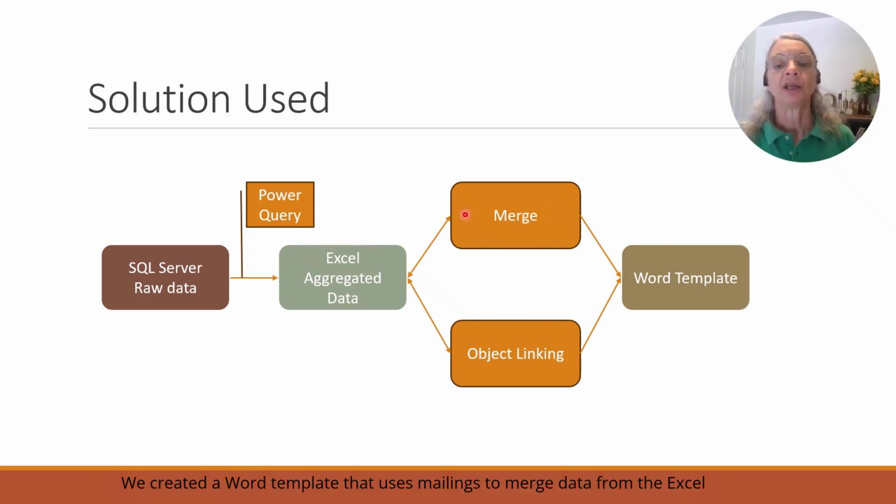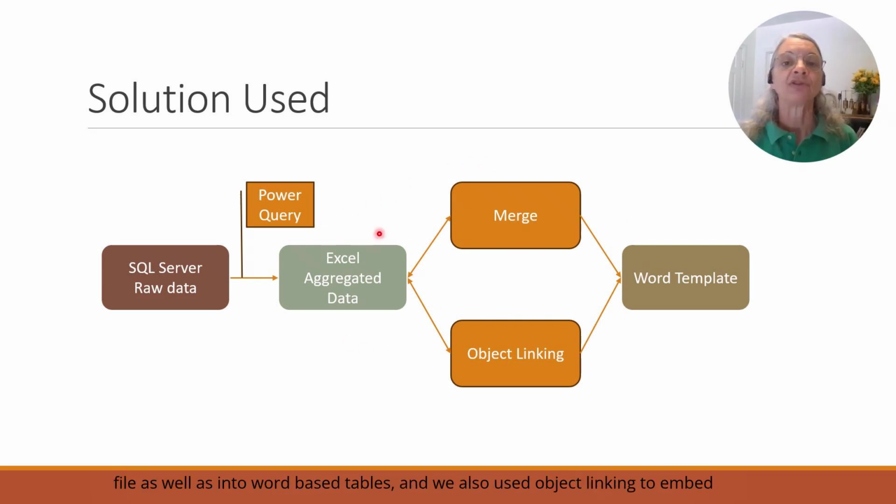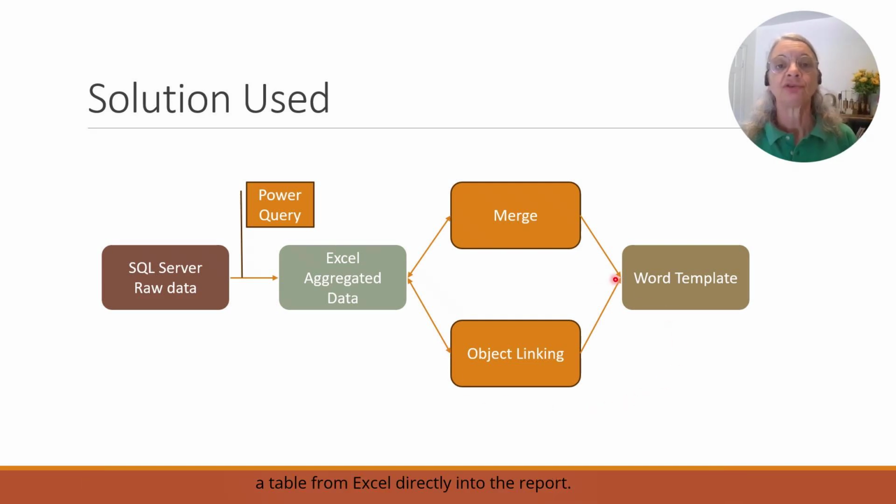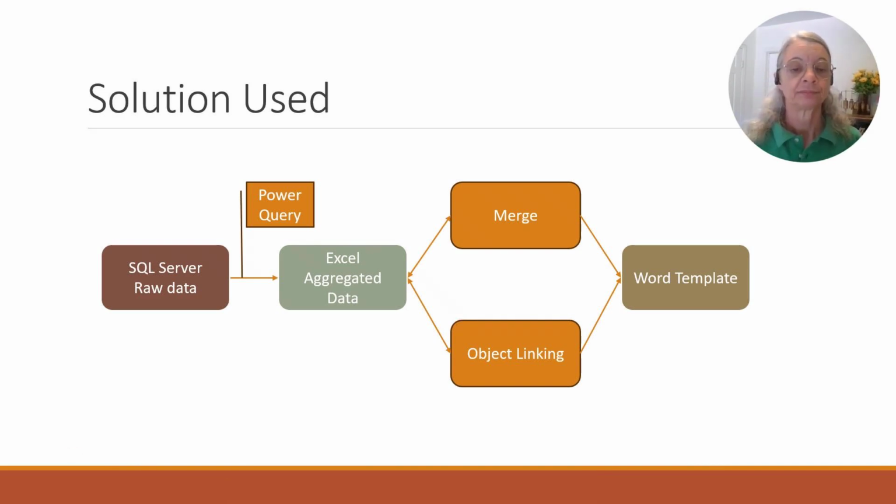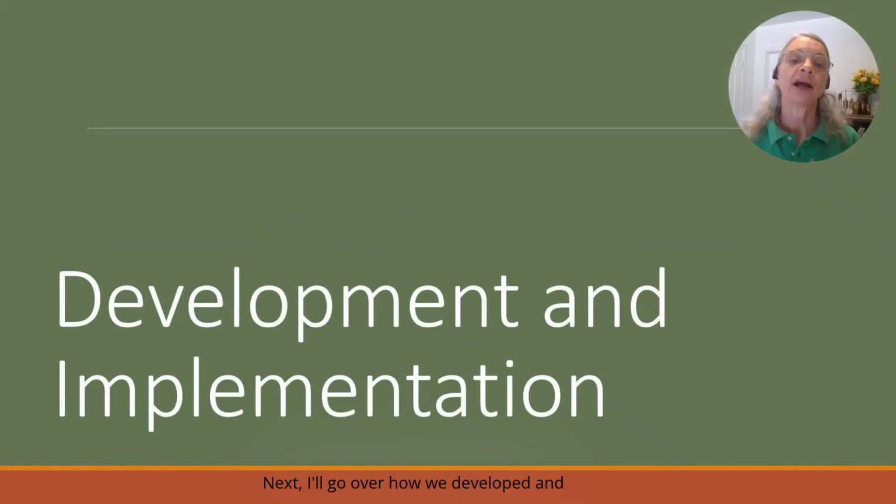We created a Word template that uses mailings to merge data from the Excel file, as well as into Word-based tables. And we also used object linking to embed a table from Excel directly into the report. Next, I'll go over how we developed and implemented this solution.